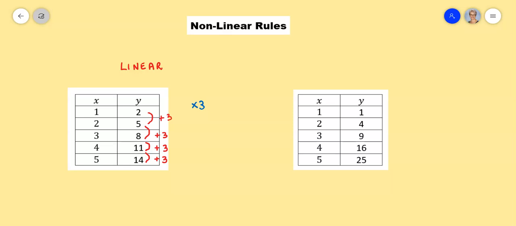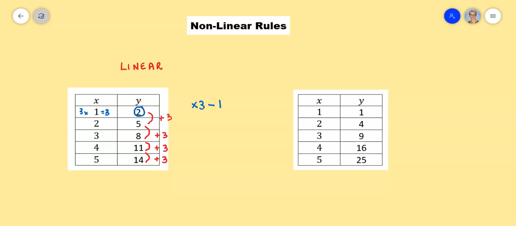Then I look at x is equal to 1 and I remember my 3 times tables. 3 times 1 will give me 3. But I've got 2 here. Do I add or subtract to go from 3 to 2? I subtract, and I subtract 1. So this tells me the rest of my rule is times 3 minus 1.